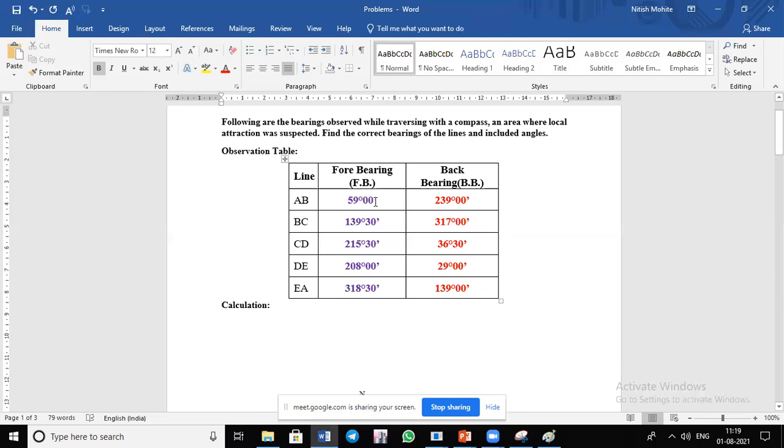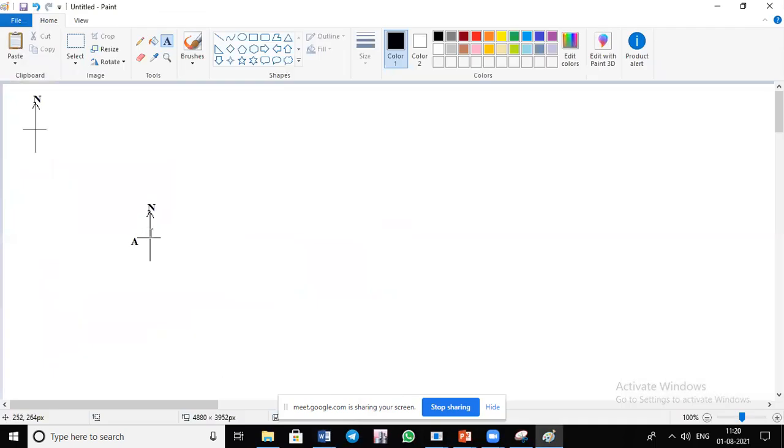The bearing of AB is 59 degree 0 minutes. That is the forebearing, and that angle is with respect to the north. So I'm going to plot it here.